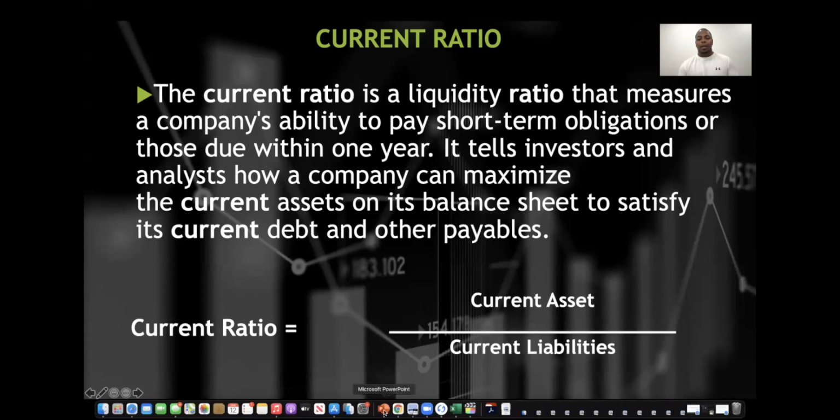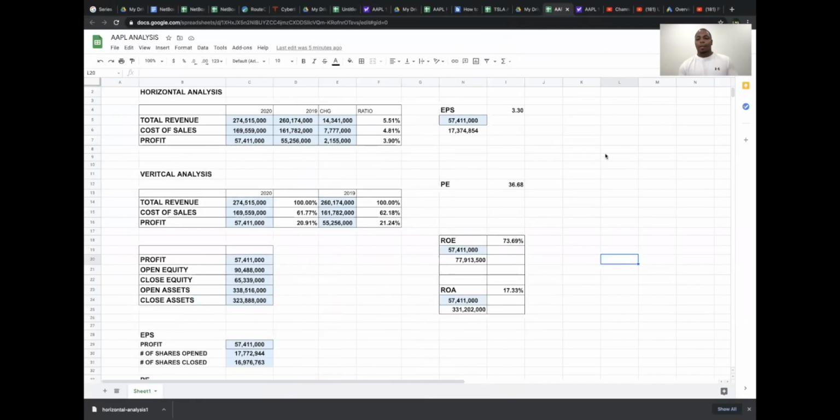So let's go ahead and do that on our spreadsheet. All right, so let's go back right here. I want you to type in inventory. And then I want you to type in current assets, current liabilities.